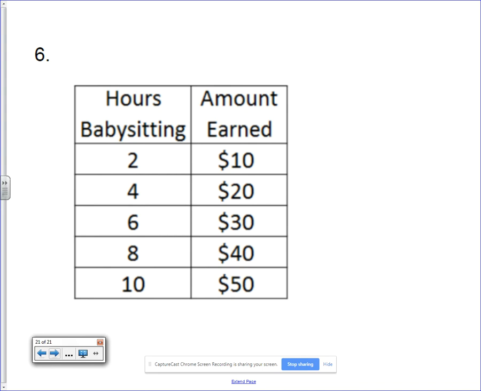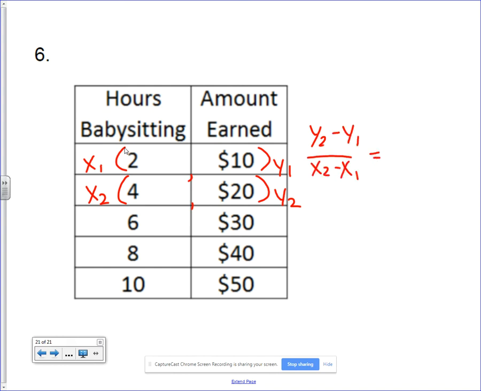All right, one more, I believe, yes? Okay, you guys, am I just picking the first 2? Okay. You're going to label them? x1, y1, x2, y2. Formula is y2 minus y1 over x2 minus x1.